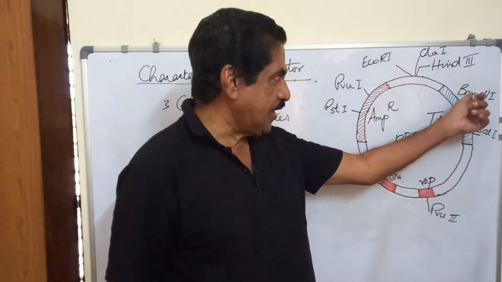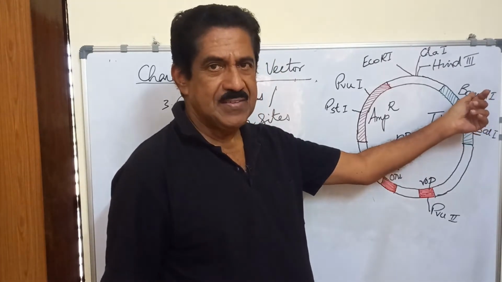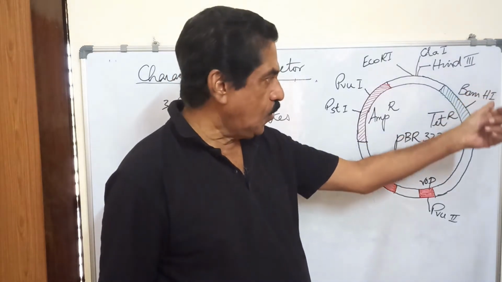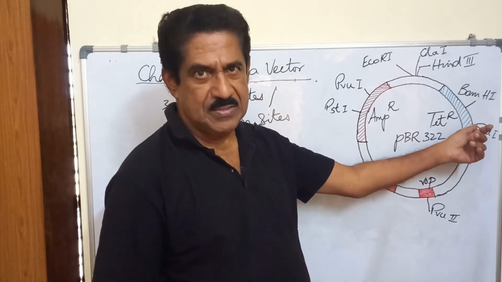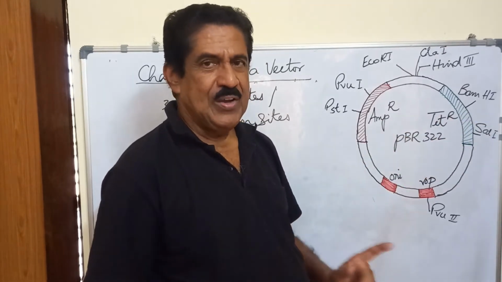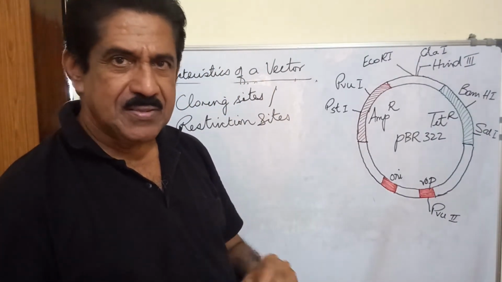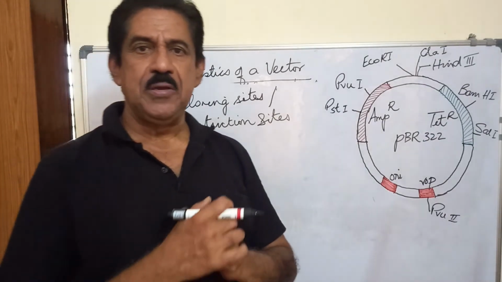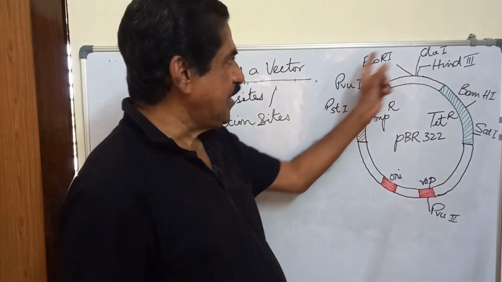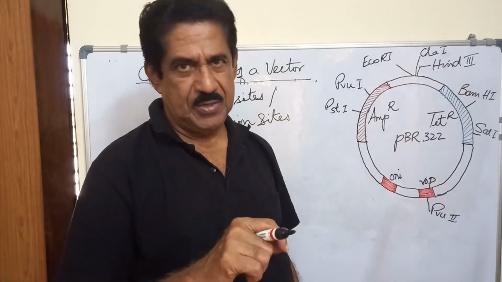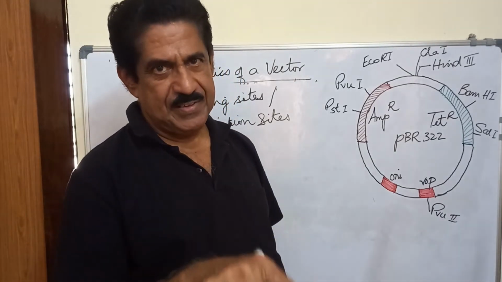We can either use BamHI, a restriction endonuclease obtained from Bacillus amyloliquefaciens, or we can use SalI obtained from the bacterium Streptomyces albus. Actually we need only one enzyme to cut the plasmid, but Bolivar and Rodriguez, who created pBR322, are giving us choices. We can use any of these enzymes to cut the plasmid. Our purpose is to cut the plasmid and insert the foreign gene inside it.